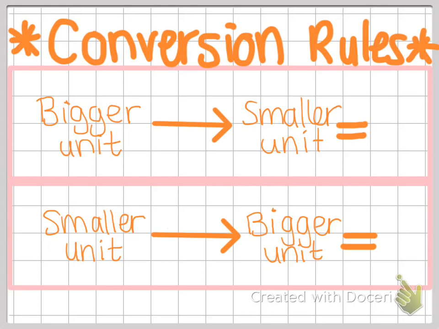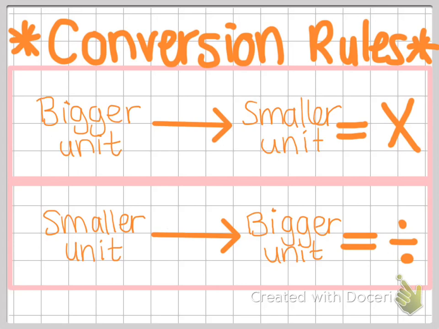The operation that we would use is to multiply. On the reverse, if we're going from a smaller unit to a bigger unit, maybe inches to feet, the operation that we would use is division. It works every time, regardless if it's metric, if it's length or weight or liquid volume, these operations apply.